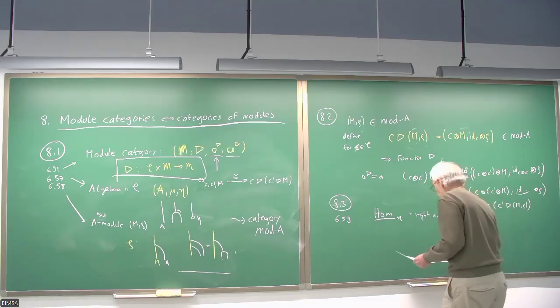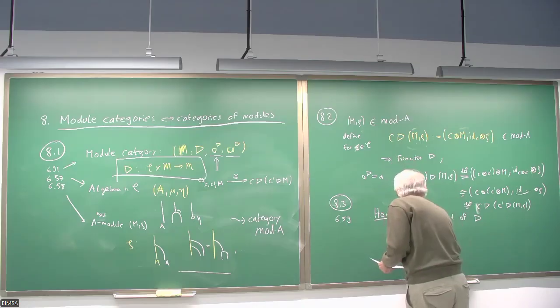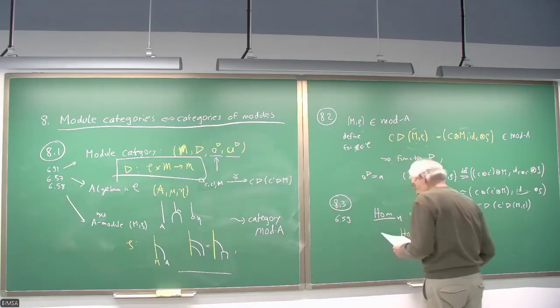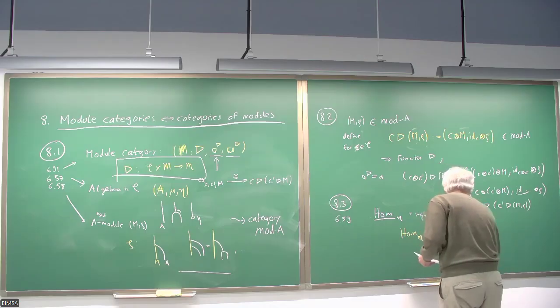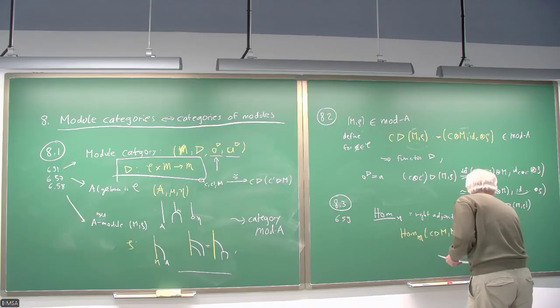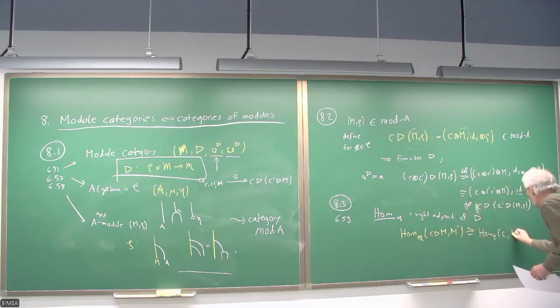So that means that we have a coherent family of isomorphisms between morphisms in M, this one, and morphisms in C, where here we have this internal Hom object.